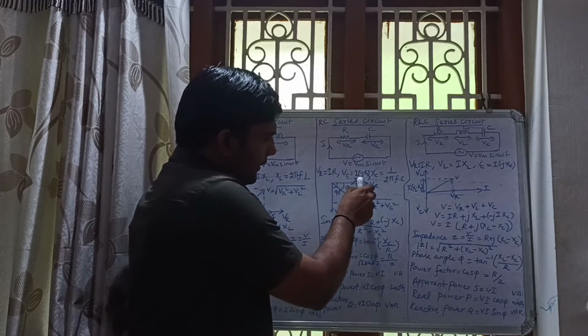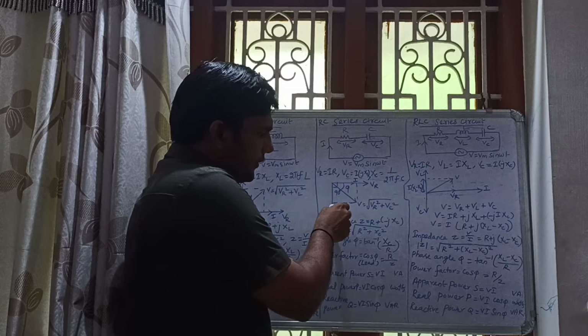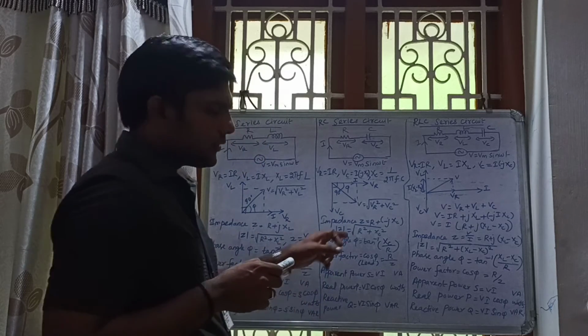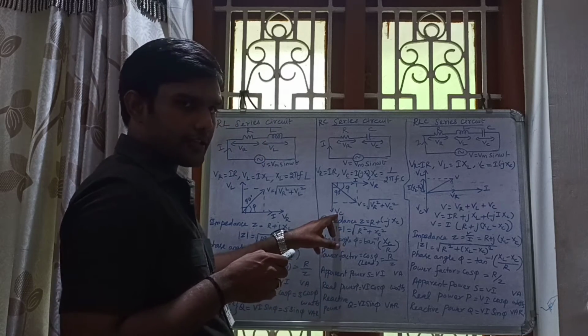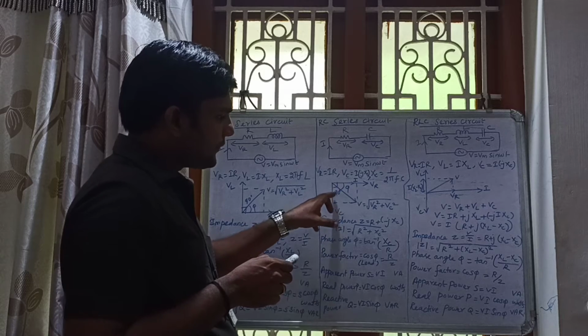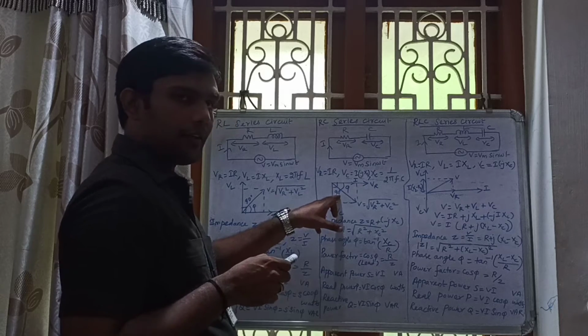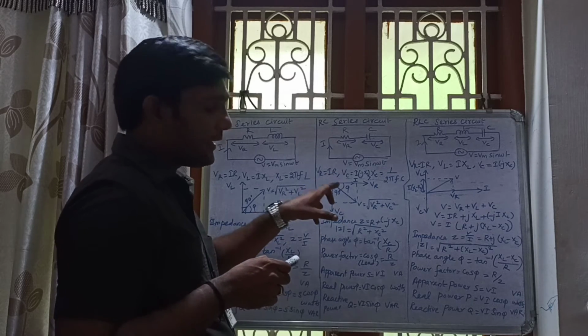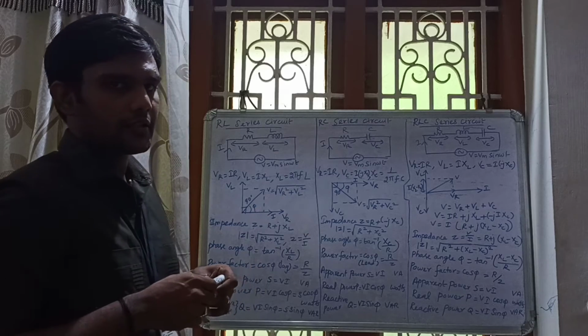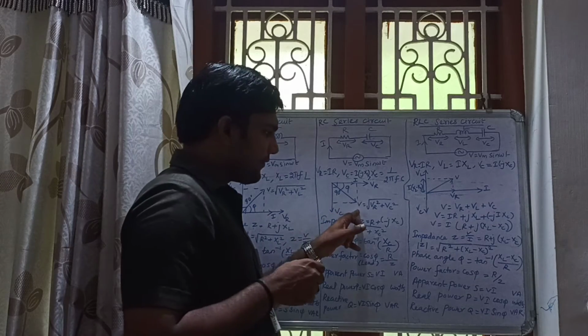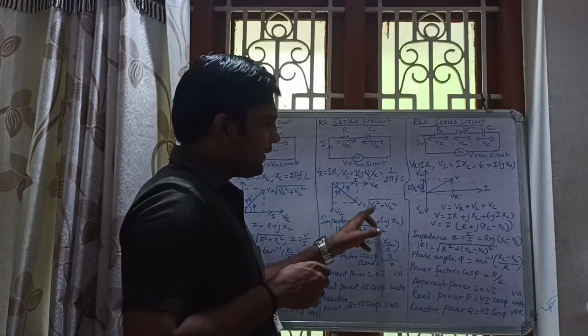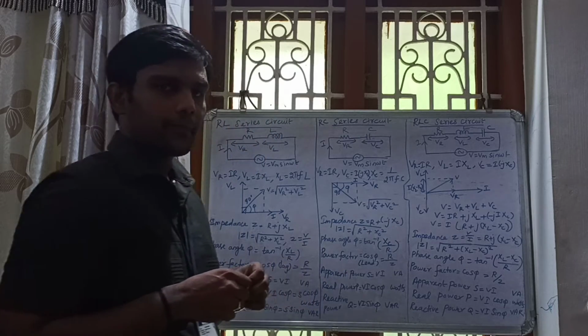So here I and VC. This is the capacitor voltage. So phase shift is 90 degree. So here current I leads the voltage. And the resultant voltage V is equal to root of VR square plus VC square.